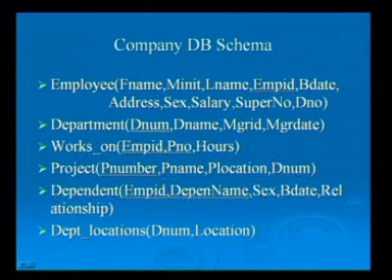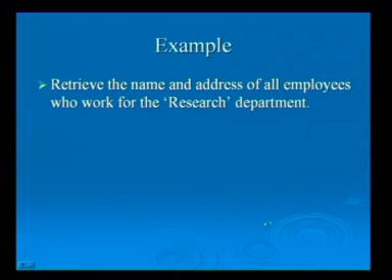So, that relation is here with the dependent name, gender, birth date, and relationship to the employee, along with the employee ID. And the other relation is department locations with the attributes department number and location. So, we use this company database schema to illustrate these examples.